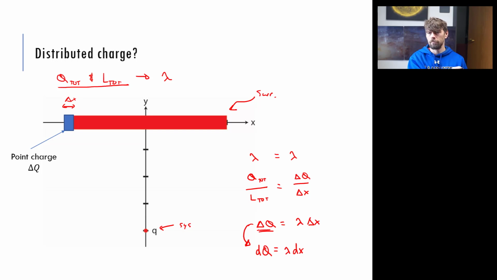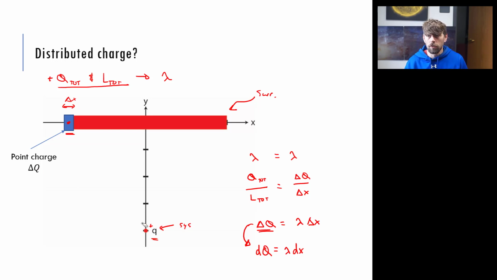Good. So now we have an expression for the amount of charge in that little piece. Of course, we can get a direction. Assuming that both of these are positive, I'll explicitly put in the positive sign for a second. We also have to figure out how to get the direction of the force due to this point charge acting on that point charge.